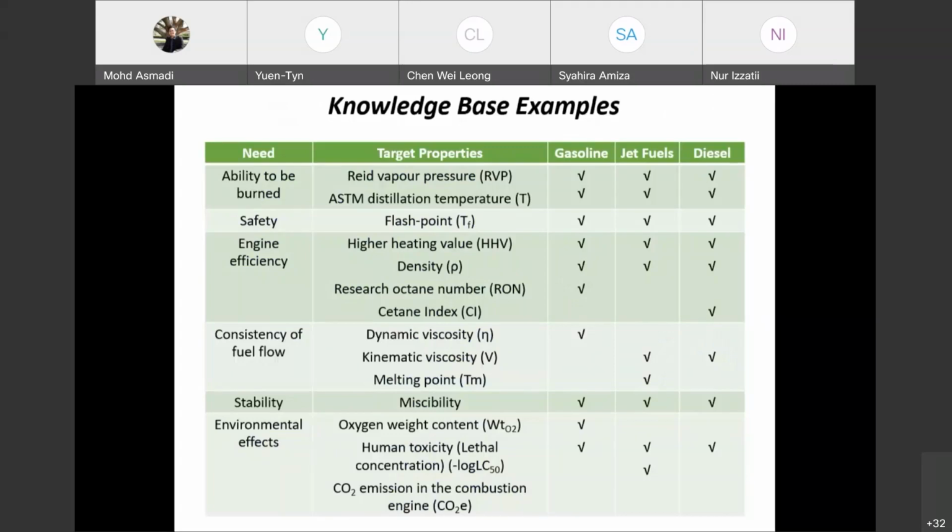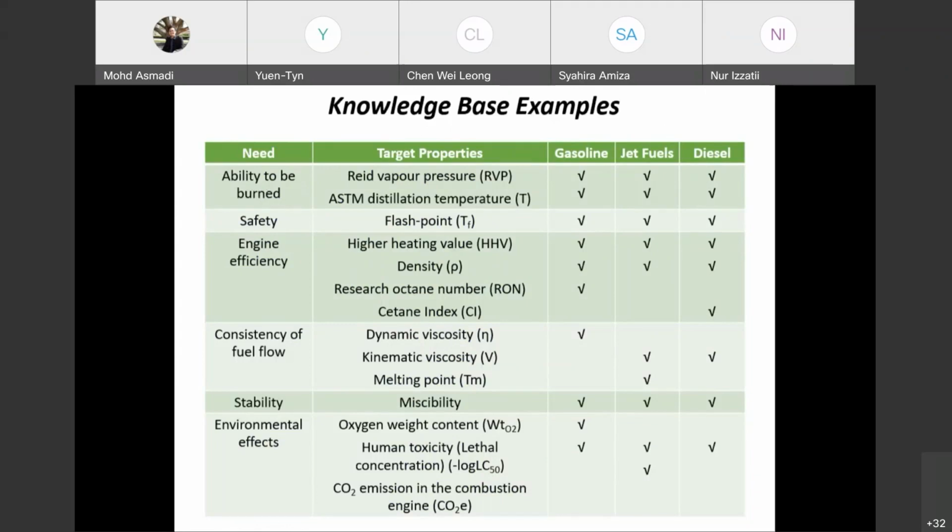This is the identified characteristic of three types of liquid fuels: gasolines, jet fuels, and diesels. The left column is the need properties, and this one is the target properties. Ability to be burned must be related with the vapor pressure or distillation temperature. Safety: flashpoint.